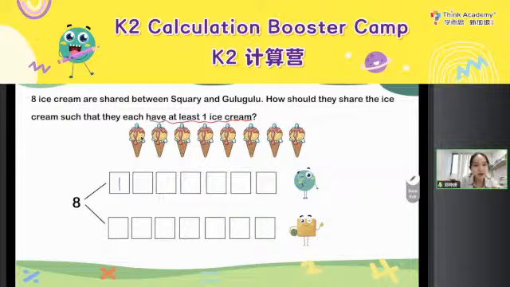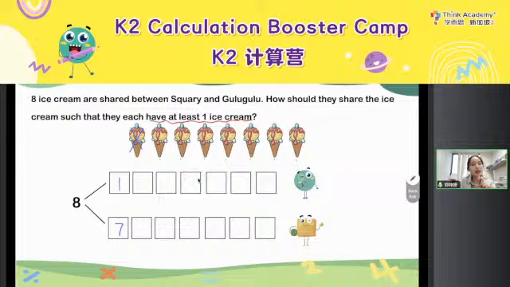So if I only give away 1 ice cream to Glue Glue, then I cross out 1 ice cream in here and count how many are left for Squarey. So 1, 2, 3, 4, 5, 6, 7. Oh, 7 ice creams for Squarey. Whoa, that's too much, right? And I'd assume Squarey can't eat that much ice cream in just one time, right? Neither can you, all right?